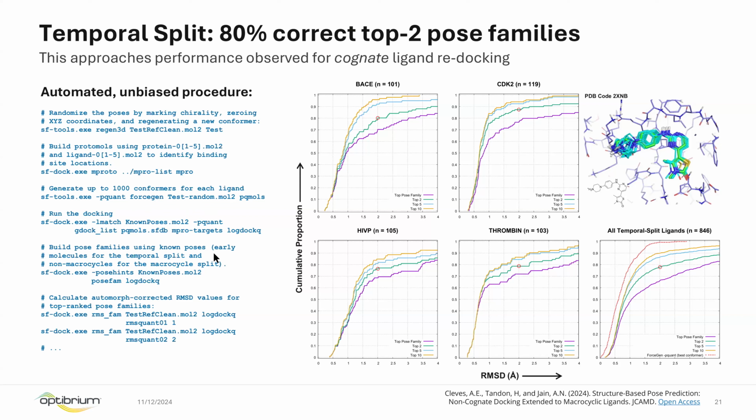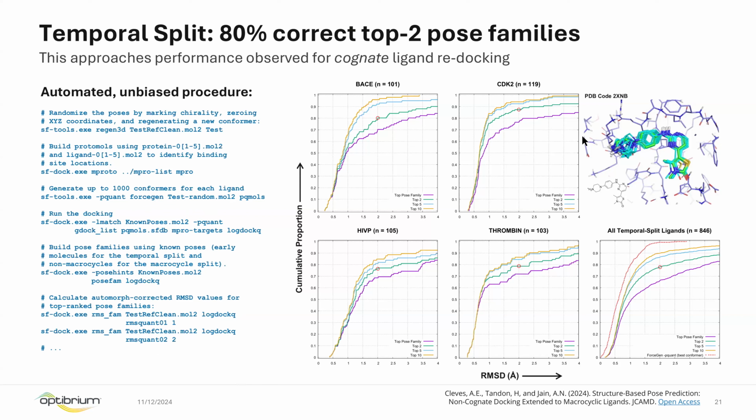Build the pose families now using the hints from those known poses, and then evaluate the RMSD. We do that using fully automorph corrected RMSD calculations, so symmetries in the molecules are automatically taken care of. So again, completely automatic procedure, 80% correct.